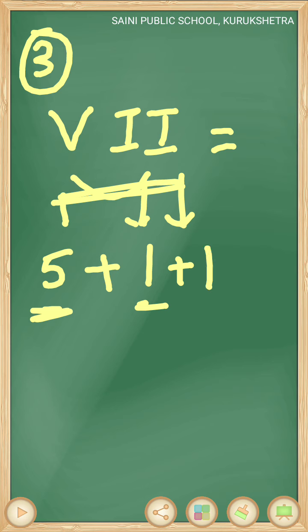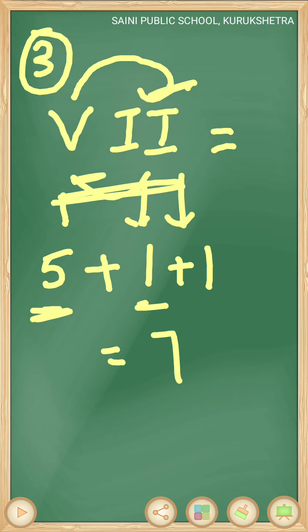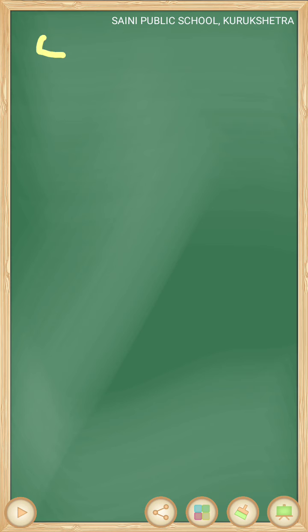This will become 7. So if a smaller Roman numeral is placed on the right of a bigger Roman numeral, then it is added to the greater Roman numeral.